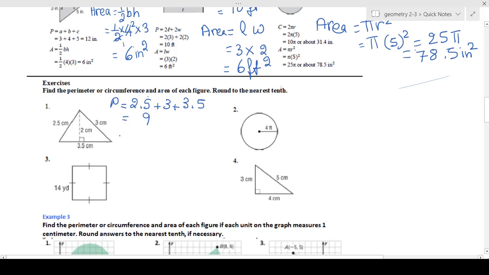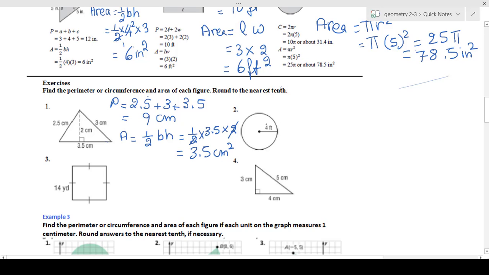And then the area is equal to half base times the perpendicular height, which is equal to half times 3.5 times 2. And this in turn is equal to 3.5 centimeters squared.